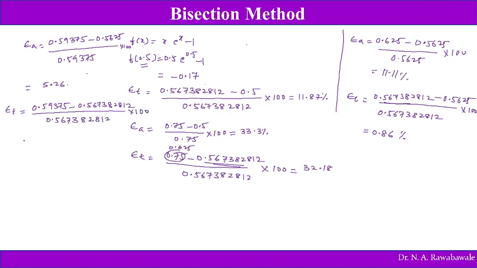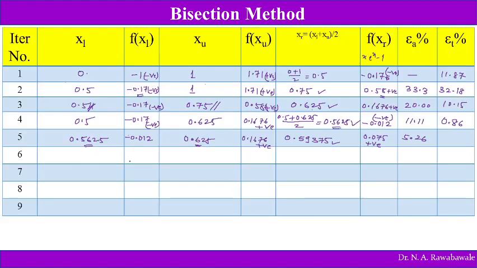So this gives us true error as, if we calculate this, 4.64%. So 4.64%. Now this is positive. Positive is going to replace old positive.